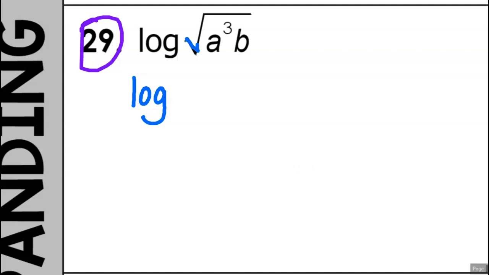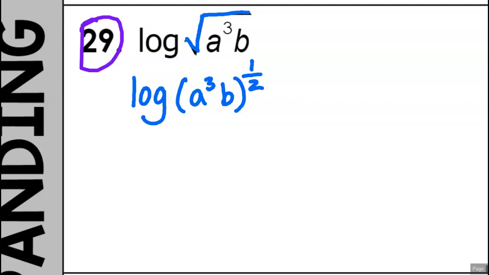Close. What type of root is this? Is it a cube root? What invisible number is here telling us what root it is? Yes, it's a square root. Anytime there's just a root symbol, there's actually an invisible 2. It's a square root. So we can write that this is raised to the power of 1/2.